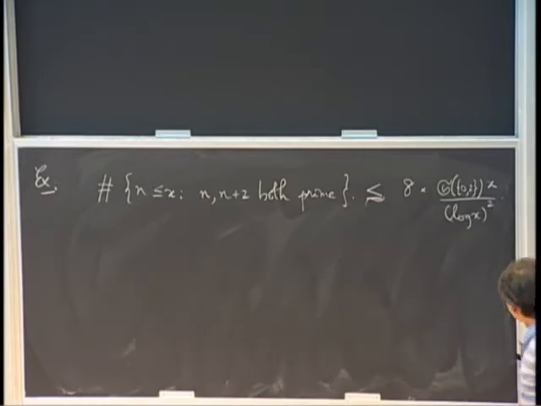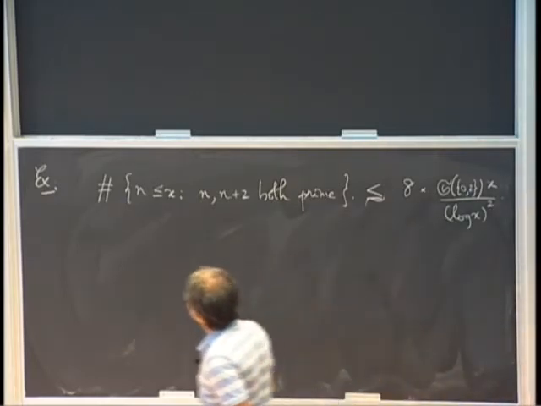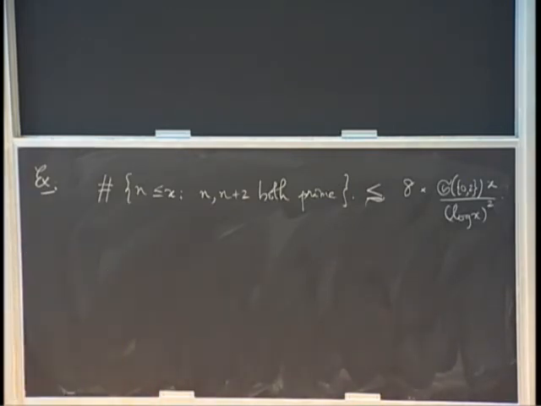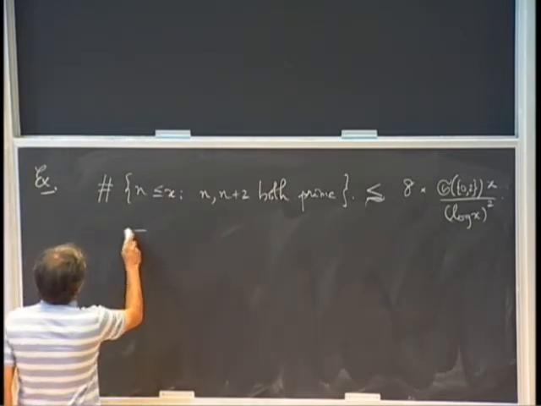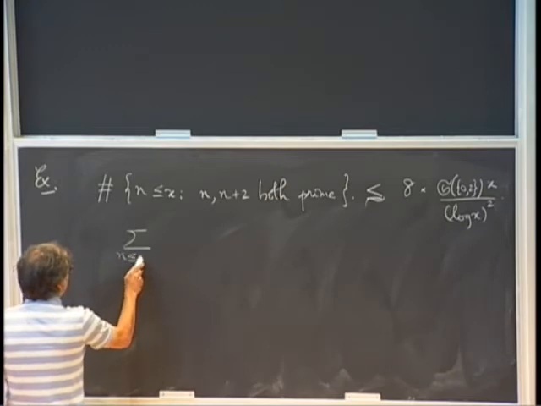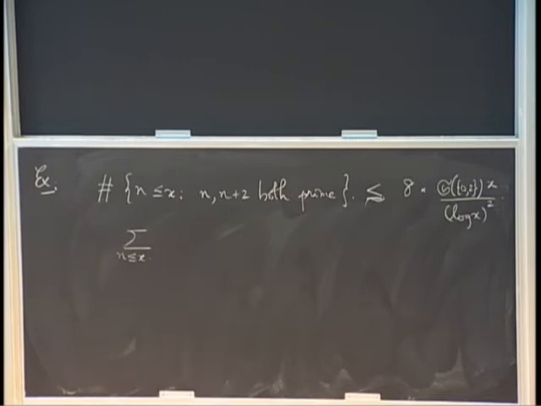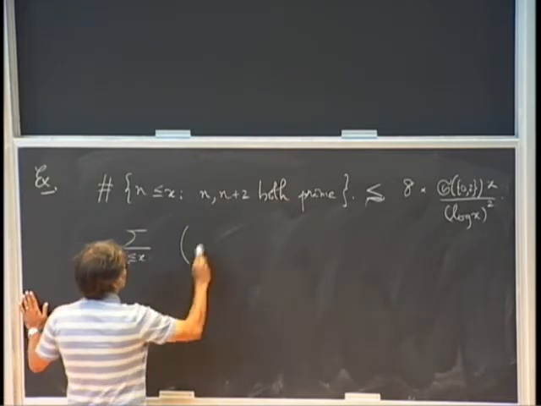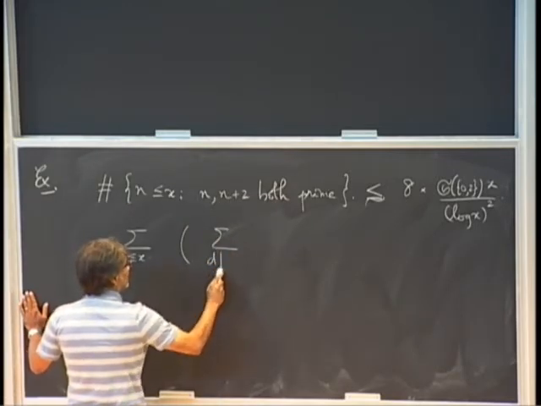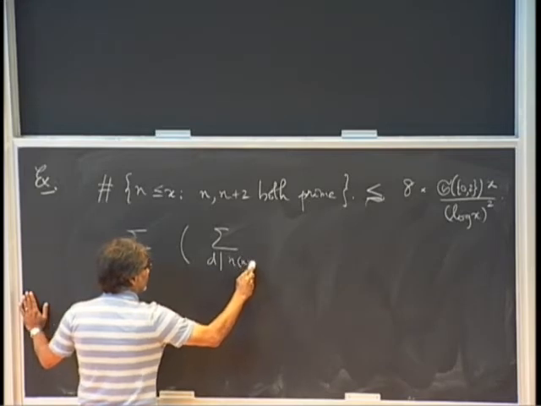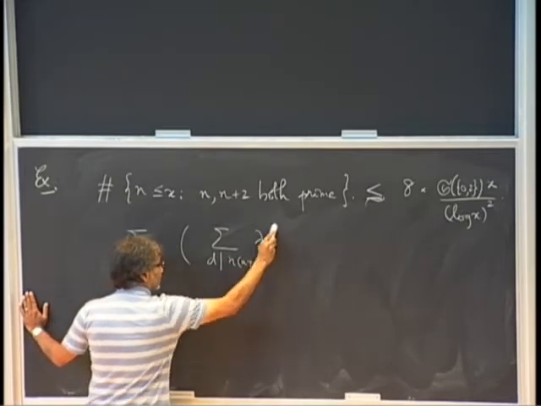Now, how would you prove this? Don't worry about the constant 8. Try to prove it with any constant that you can get. So what would you do? You would have to understand the sum over n up to x. Now I want to make sure that n and n plus 2 are prime, which is to take some quantity like the sum over d dividing n times n plus 2 of lambda d squared.